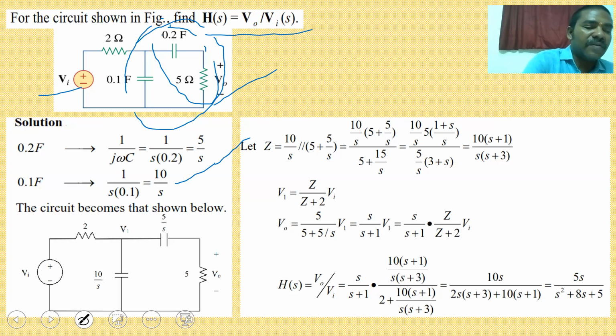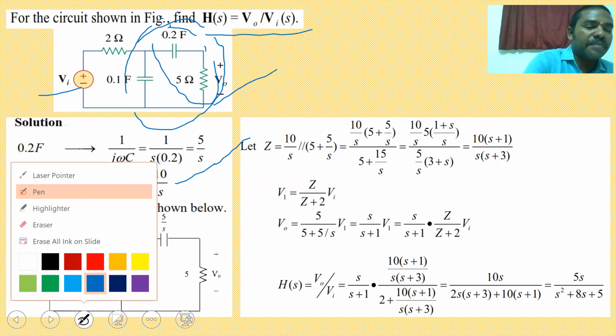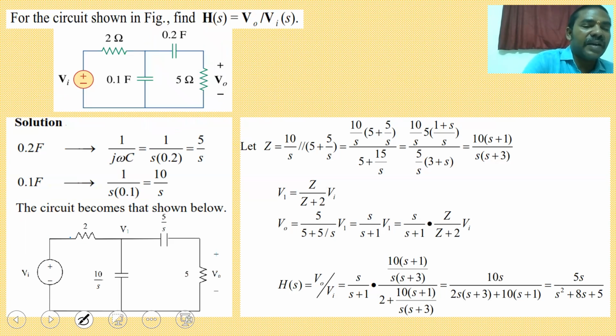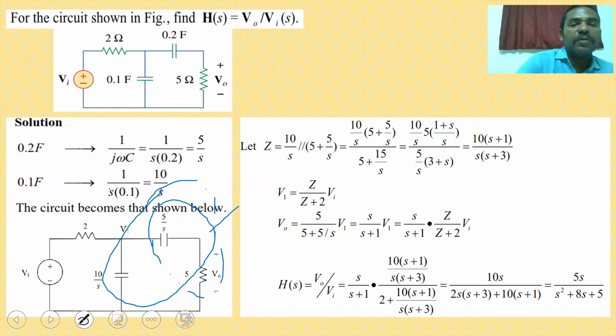So the original circuit we are representing like this: 0.2 farad we are writing as 5 by s and 0.1 farad we are writing as 10 by s. These two are connected in series, and these two are connected in parallel, and this is connected in series with 2 ohms.